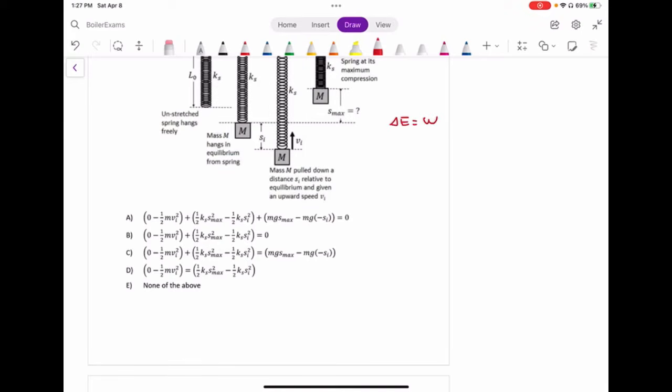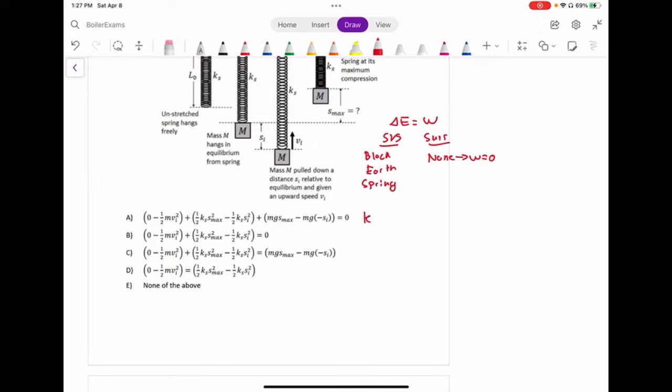Delta E equals work. Let's make our system and surroundings. Let's put the block in our system, and let's put the earth in our system, as well as the spring. None of the surroundings does work, so work equals 0. So let's start setting this up.